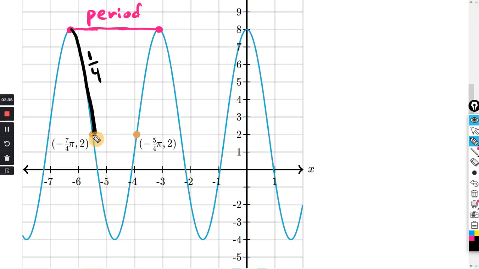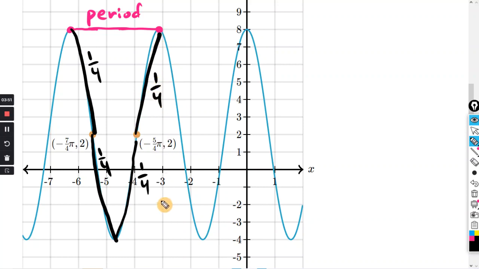And then from here to here, this distance would be 1/4 of the period. And then from here to here, that would be another 1/4 of the period. We're looking at the left-right distance. And from here to here, that'd be another 1/4 of the period. All right, so see, we have 4/4 from here to here. From here to here is 1/4, and from here to here is also 1/4.